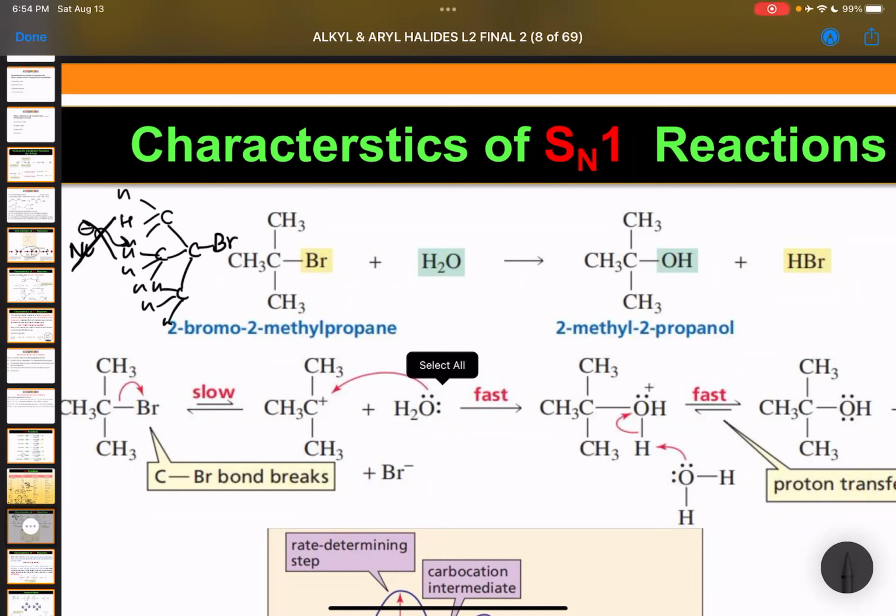So one guest is leaving, and another guest is arriving simultaneously. Some family members are busy saying bye to the guest, and some are inviting the arriving guest. So this is one way. That was SN2 reaction.